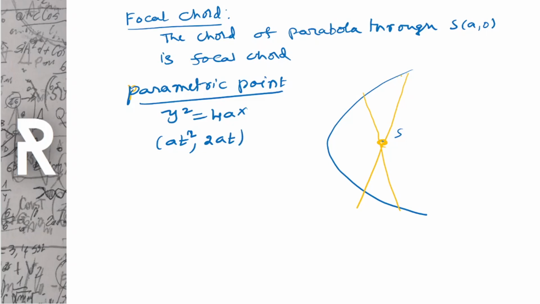By changing the single parameter t, we get all the points on the parabola. It is simply denoted by P(t), where t is any real number. Different values of t give different positions of the point on the parabola. t = 0 gives the vertex.